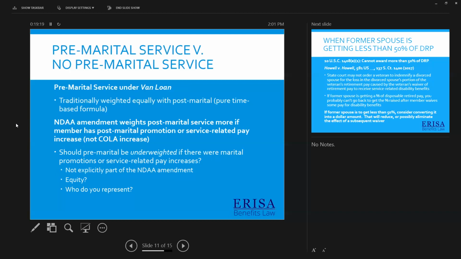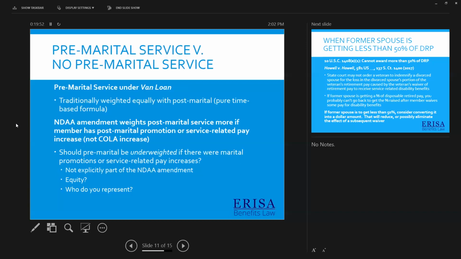So Van Loan says that premarital service is weighted equally with the marital service and the postmarital service. All of the service gets the same weight when we're determining how to divide up the benefit at retirement. It's just purely time-based, and everybody gets a share of all of the increases that occur in pay up through the date of retirement, both pre-marital, marital, and post-marital.